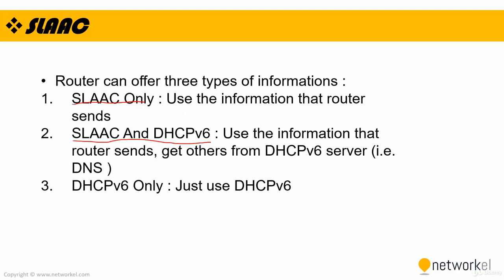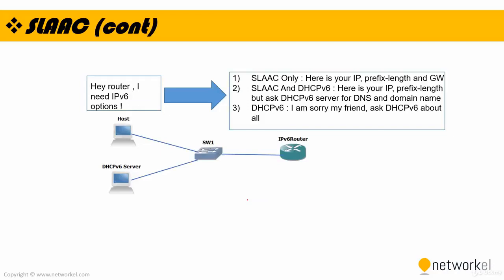For example, use the information that I'm sending you, like IP address, prefix length and gateway, but get your DNS from the DHCP version 6 server. And the third method is DHCP version 6 only. In this method, the router is saying, I'm sorry, I cannot offer you anything, just use the DHCP version 6 server to get all of your information.